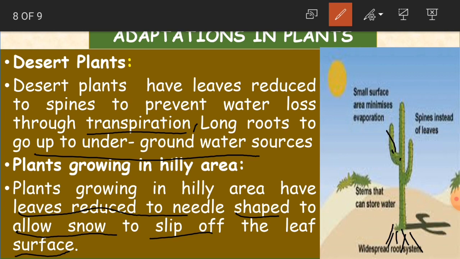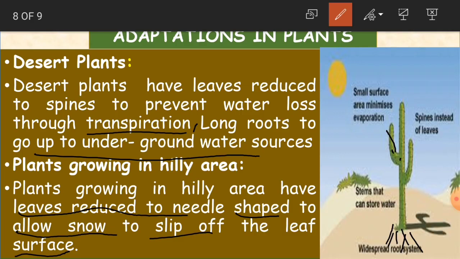Okay, and when the snow is too much, what do these types of leaves do? They are going to slip off the snow from their surface. Slip off is nothing but they are going to send off the snow from the leaf surface. That is why the leaves are reduced to needle shape.